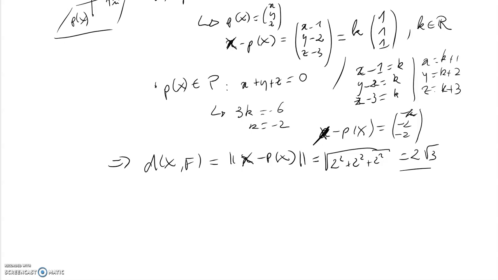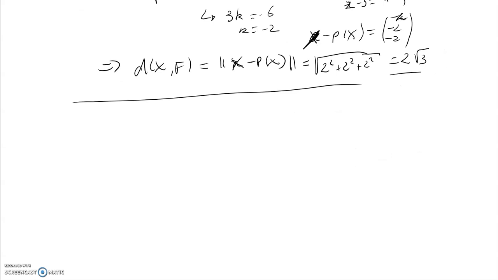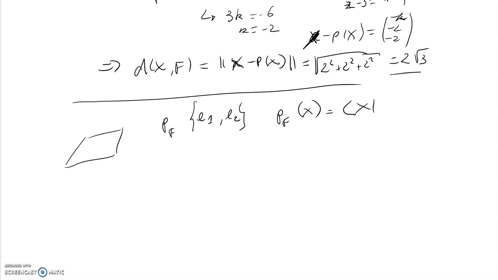What's the other way to do that? Well, let's do some projections the way we've just learned how to do that. When you're doing a projection P on F, you need an orthonormal basis of F. In our case, we would need two vectors, and the projection on F of any X is given by the scalar product of X with e1 times e1, plus the scalar product of X with e2 times e2.